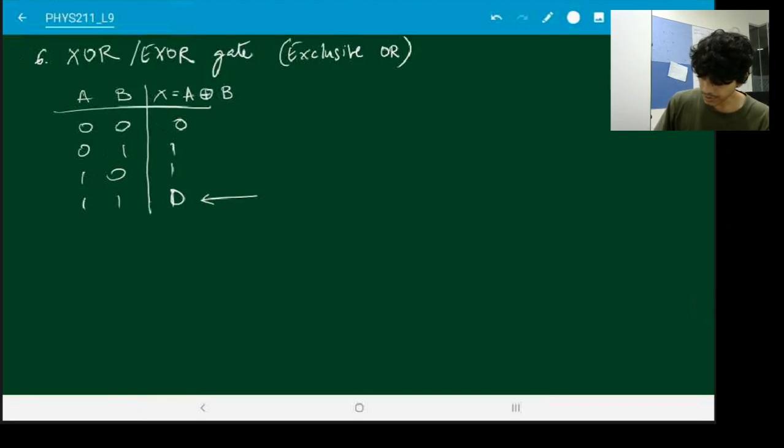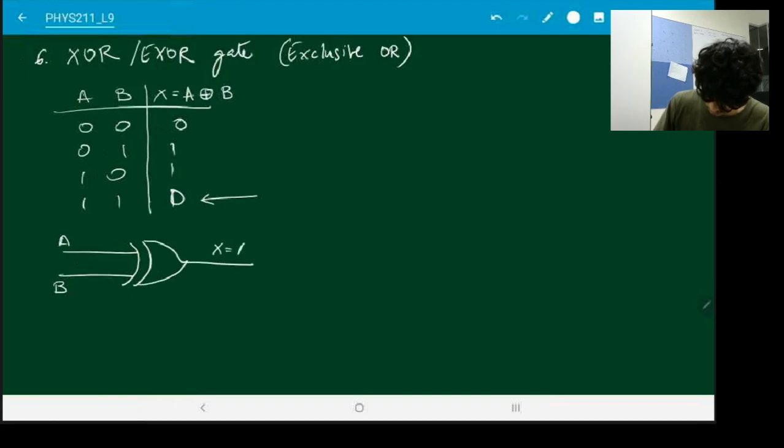The circuit symbol for the XOR gate looks like this. And one possible way of drawing a circuit which gives us this output is as follows.